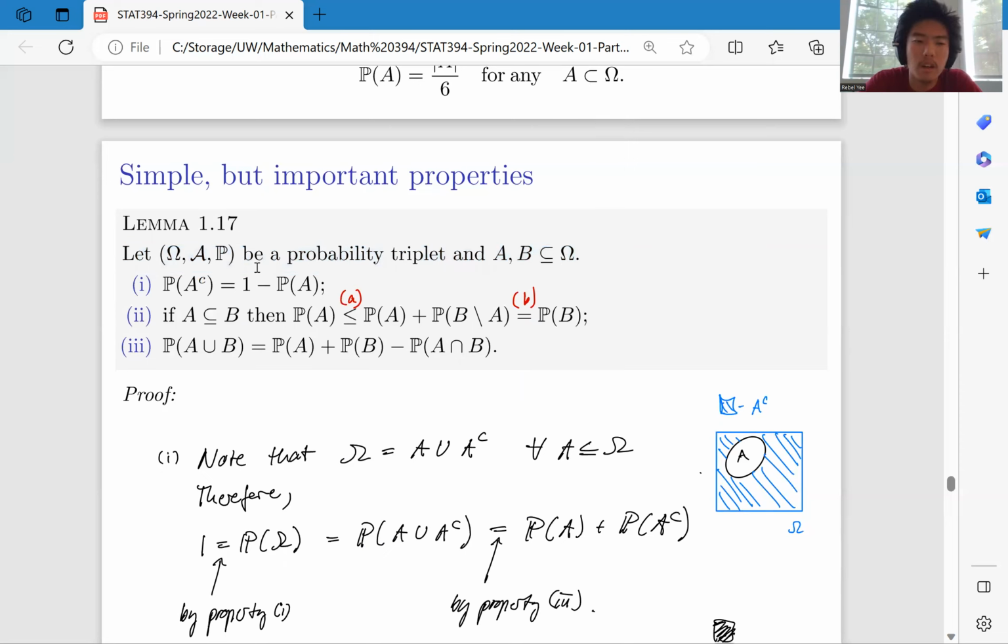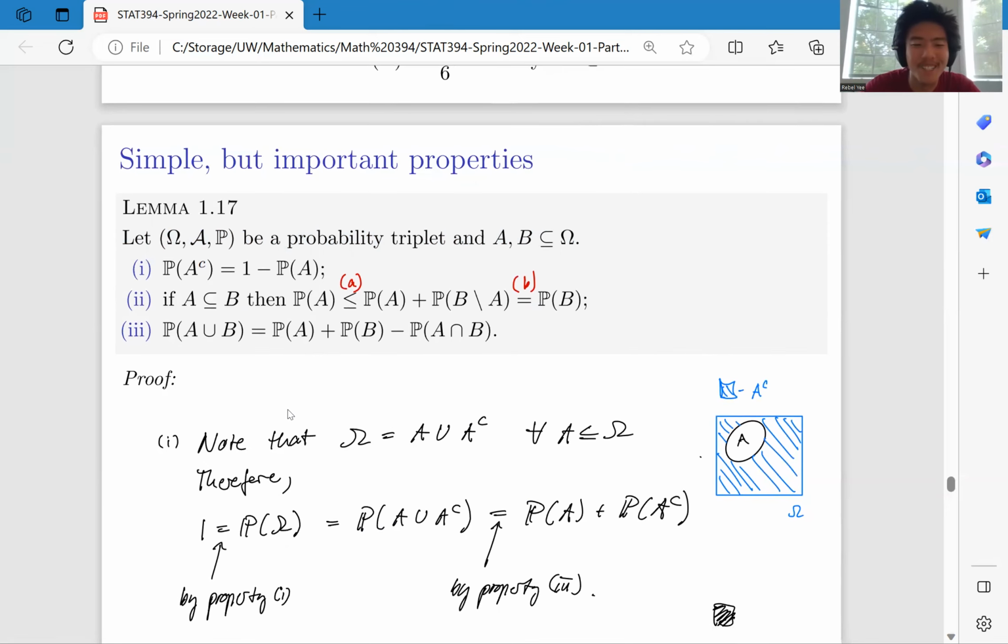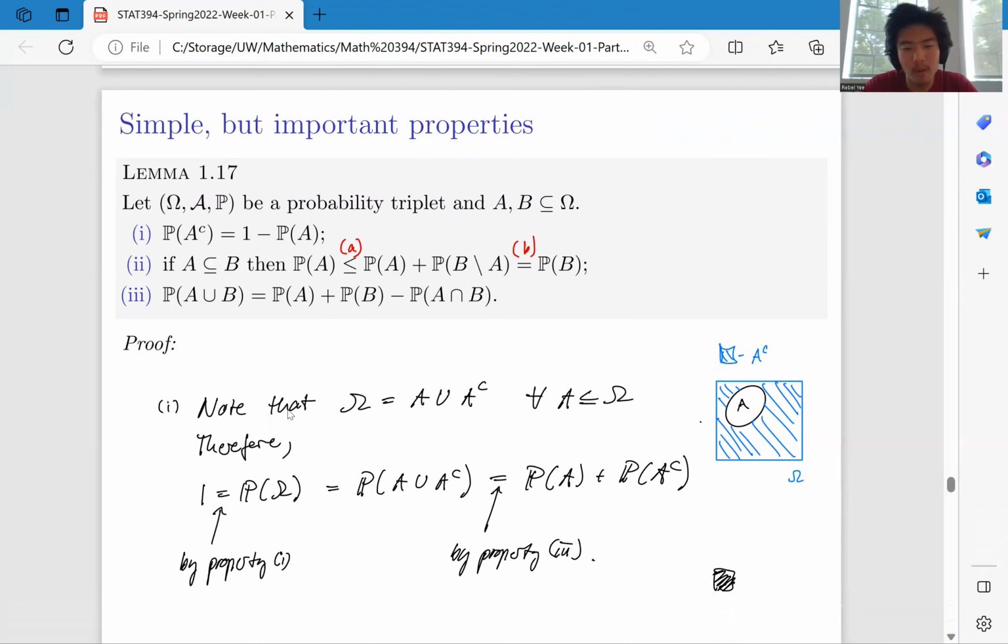The first property is that the probability of the complement of A is equal to 1 minus the probability of A. This is not very hard to convince yourself of, but if we want to prove it, it might be a little bit more difficult. First, by the definition of a complement, omega is equal to A union with the complement of A. That is with no doubt its definition.